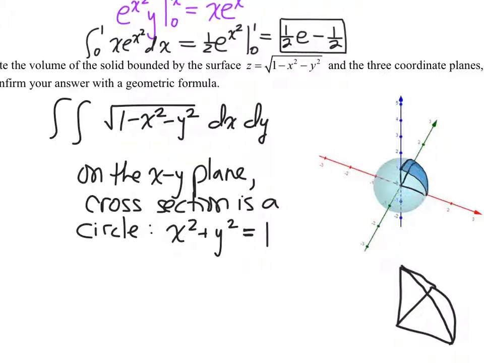It's going out 1 unit in the y direction, and it's a sphere, so it's also going out 1 unit in the z direction and 1 unit in the x direction. So it has a radius of 1, centered around the origin. Decompose it down into the xy plane, and you have x squared plus y squared equals 1 without any algebra. So if that's the case, then I could solve this for x.